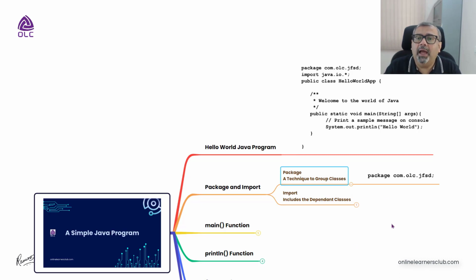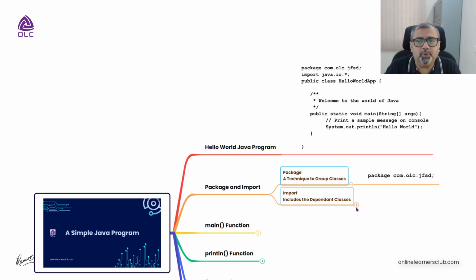For example, I have a package com.olc.jfsd. Here there will be a folder called com, under that another folder called olc, under that jfsd, and under that you can have a class or a Java file. That's the basic concept of a package, where you can organize your code into different modules.